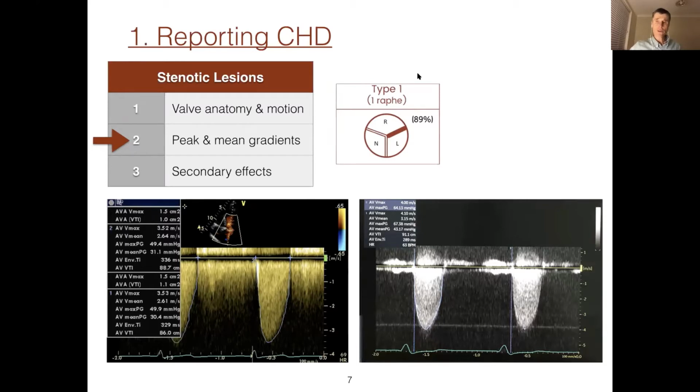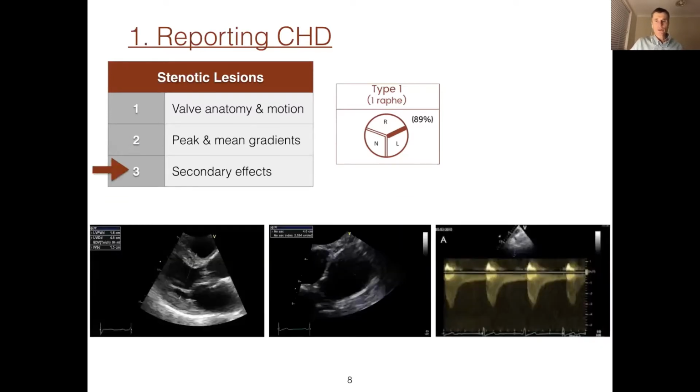Let me remind you, of course, that it's really important to develop skills so that you can utilize the PEDOF probe, which, because of its small footprint, is very much suited to getting in between rib spaces and getting into positions that you can't quite with the standard probe, and therefore oftentimes enables you to acquire a higher gradient, because you're able to align yourself a little bit better. And then importantly, you want to report the secondary effects.